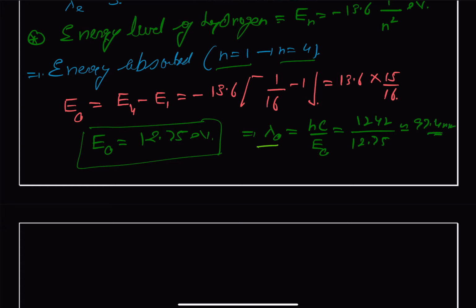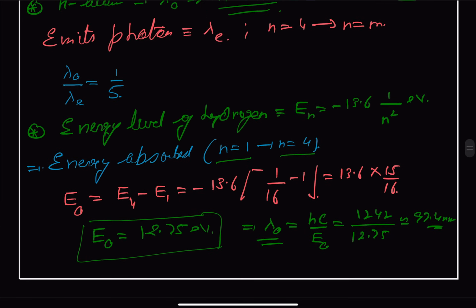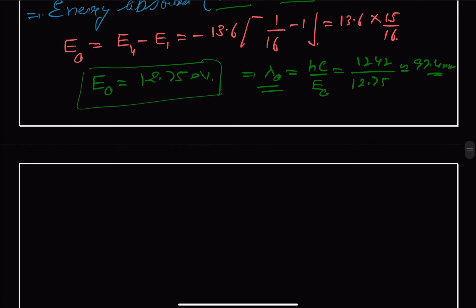So we found out our lambda A, and we are given the relationship between lambda A and lambda E. Therefore we can write that lambda E is equal to 5 times lambda A, which comes as 5 times 97.4, which will be approximately equal to 487 nanometer.